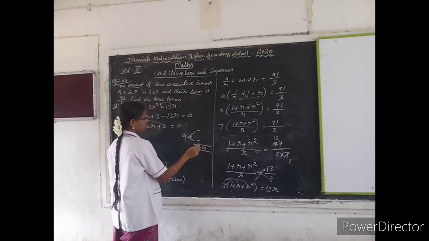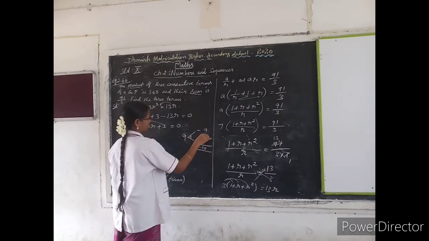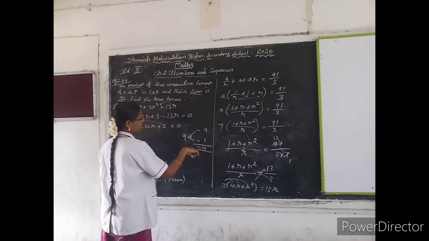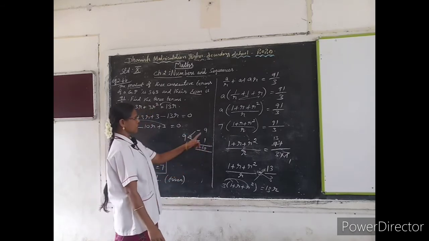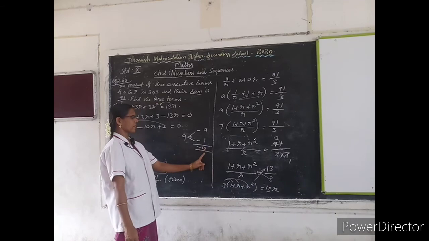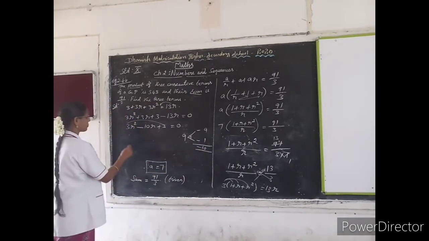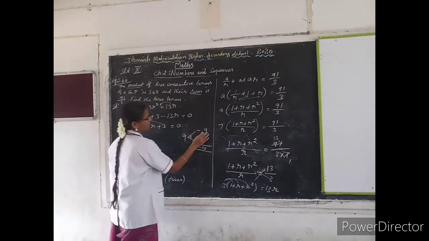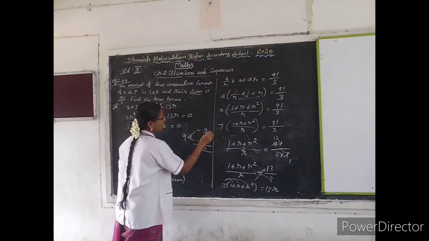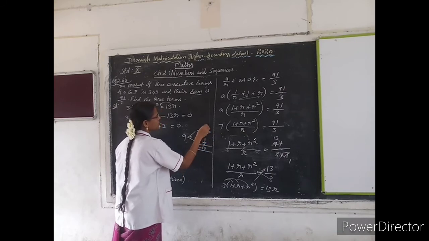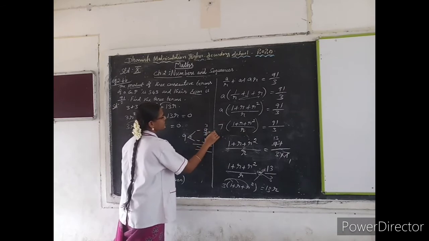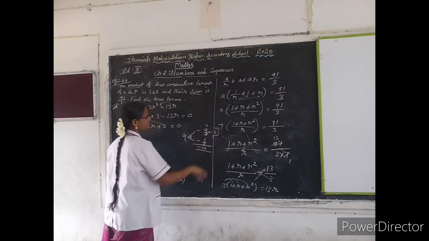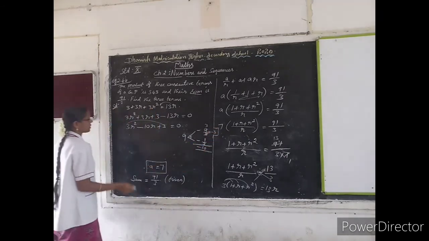So 9 into 1 is 9. Now these are common signs. Add and put the common sign. Therefore minus 10 will come. Here the coefficient of r square is 3, therefore divide these factors by 3. Here also 3. Cancel by 3 table. So minus 3 is a factor. Here minus 1 by 3.